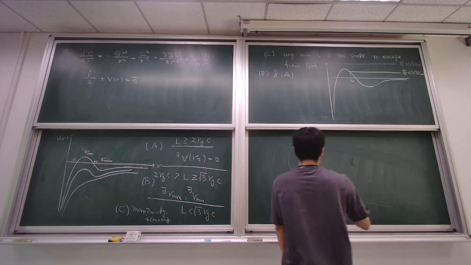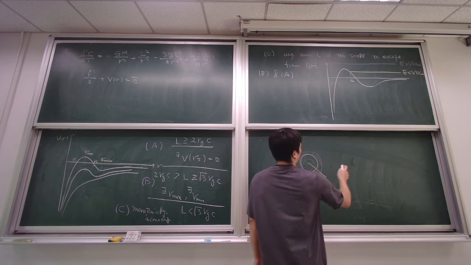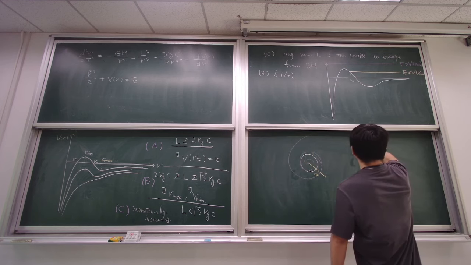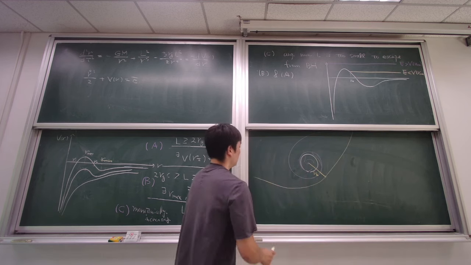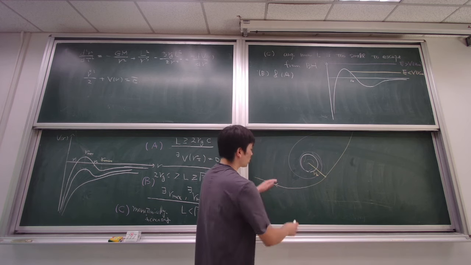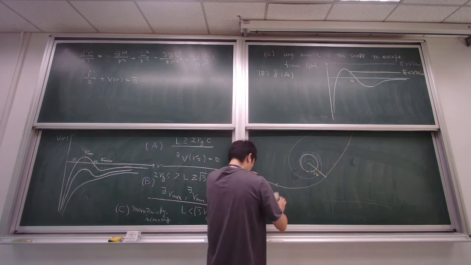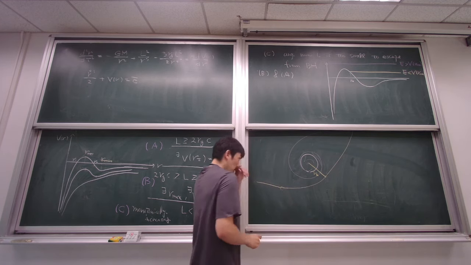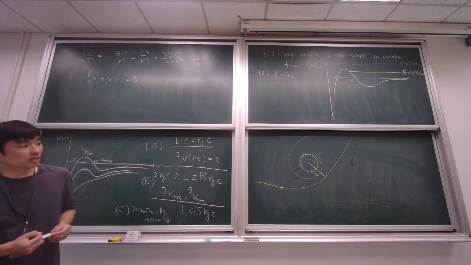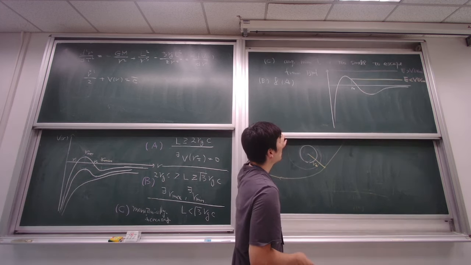Then the behavior is something like this. This is R star, and then something like this. R star is the closest point, but you can move away from the black hole. So this kind of deflection occurs.